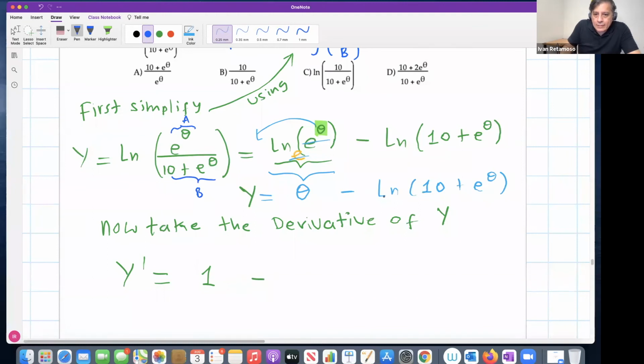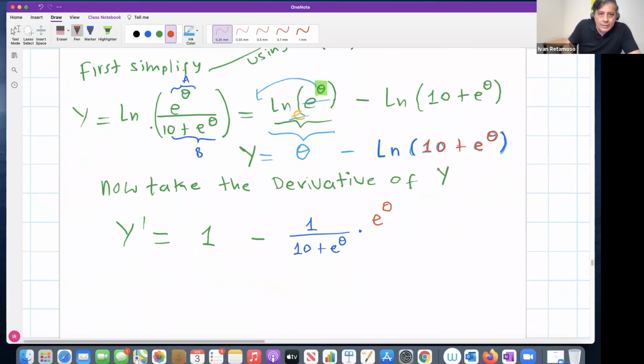If you consider this to be your outside function and this to be your inside function, it will be 1 over this guy inside, 10 plus e to the theta, times the derivative of the inside function. The derivative of 10 is 0, the derivative of e to the theta is e to the theta. So this is pretty much the answer, but probably we have to simplify here.